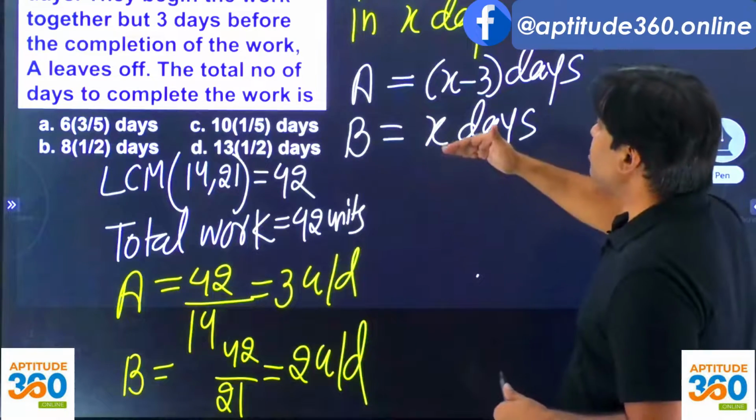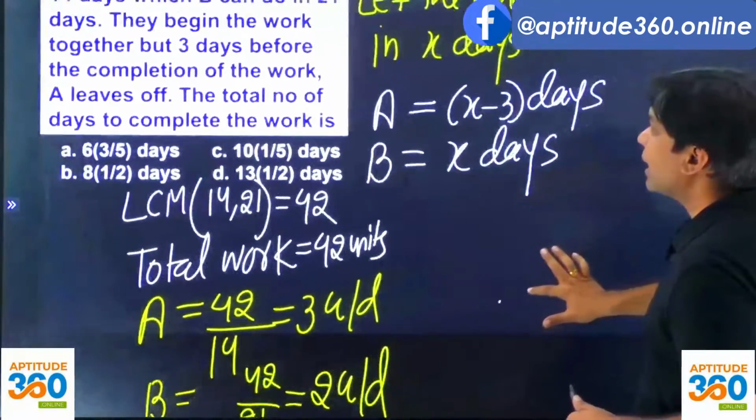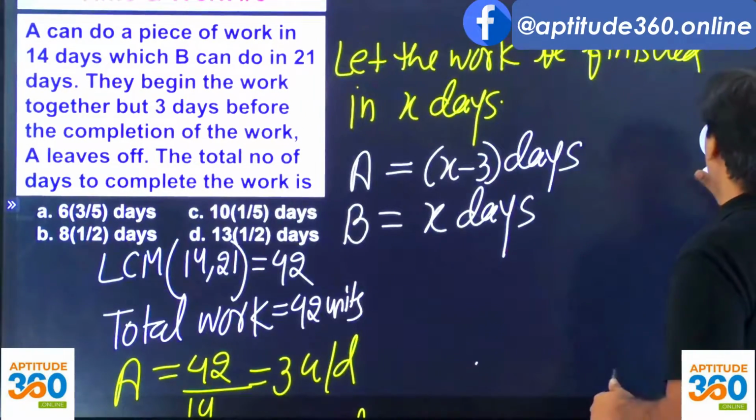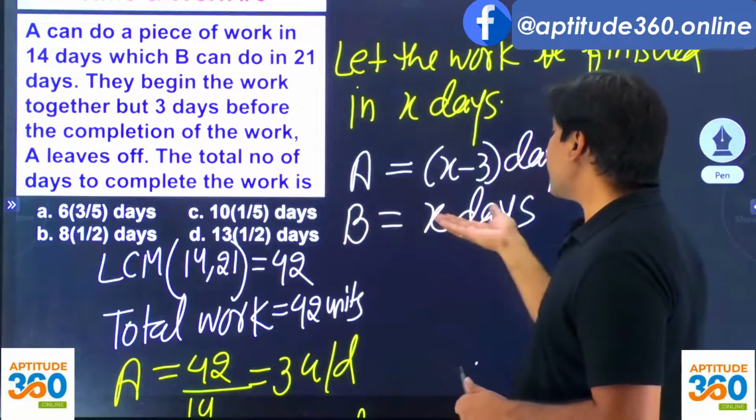And as per our understanding, the entire work gets completed in X days, where A works X negative 3 days और B कितने दिन काम करता है?